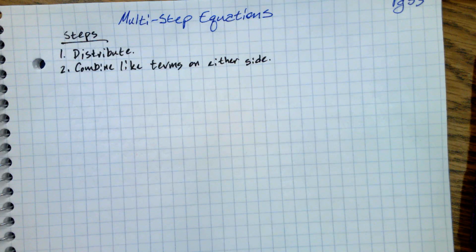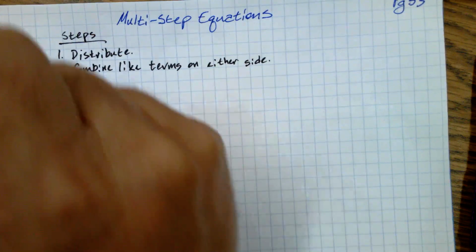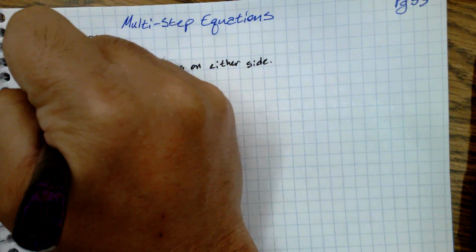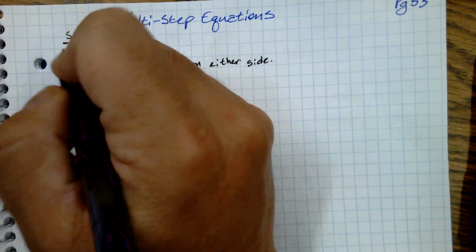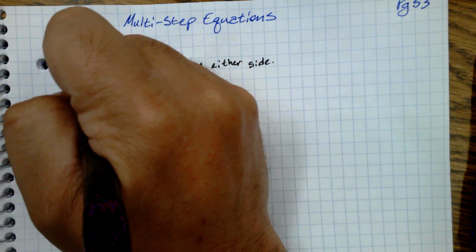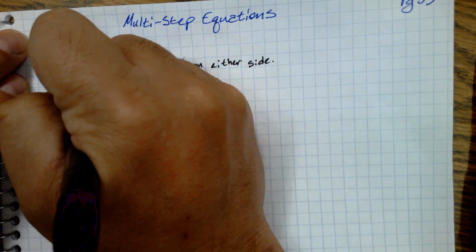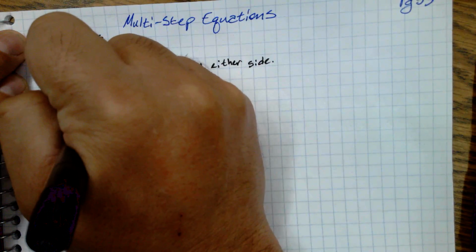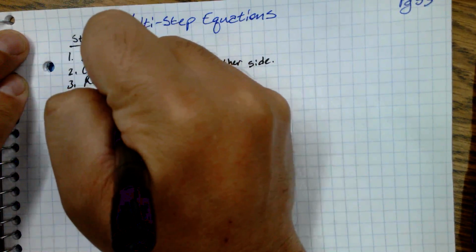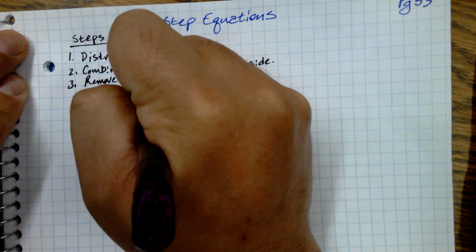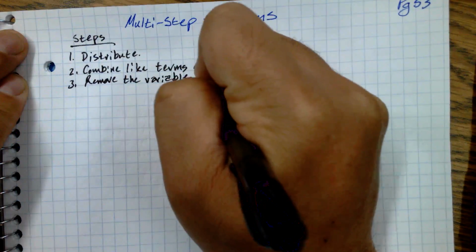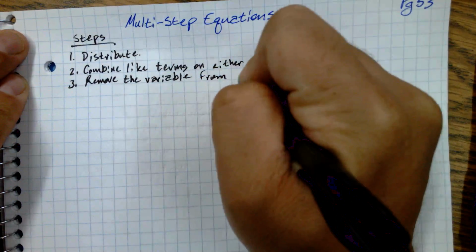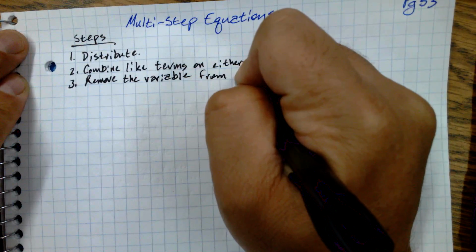The third step we actually won't look at until tomorrow, but this is the order it comes in. It's usually the third thing we have to do. We're going to say remove the variable from either side, or from one side of the equal sign.